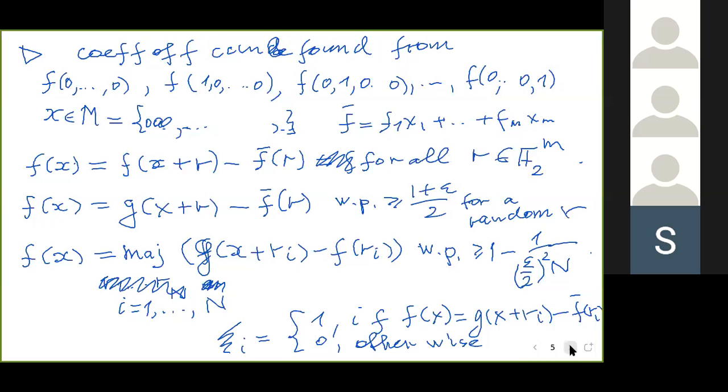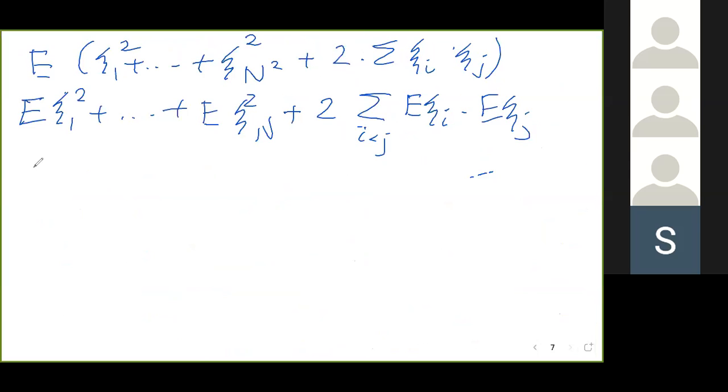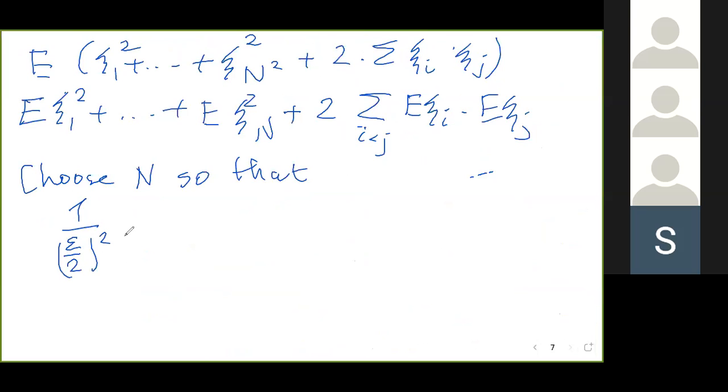More specifically, we will choose n so that the probability of error, which is 1 over epsilon over 2 squared n, is less than delta over m plus 1.